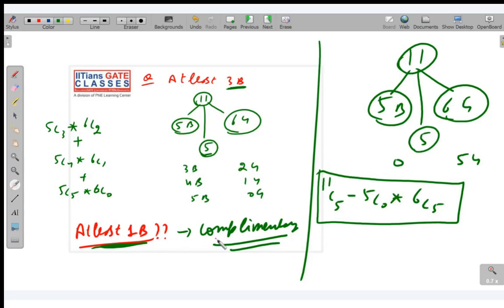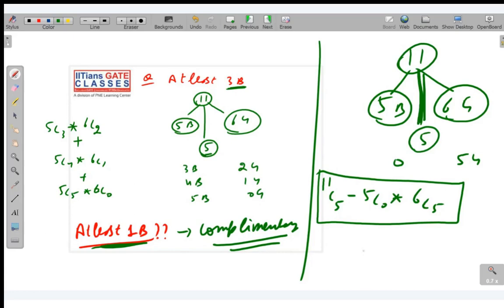Yes, so please take a snapshot. I will jump to the next slide. This is a much better way to do it. That's why I have drawn the figure, so that you get more clarity that for a complementary problem, I have to pick this branch, 11C5, like this. Please take a snapshot. I will jump to the next. Done? Yes, sir.